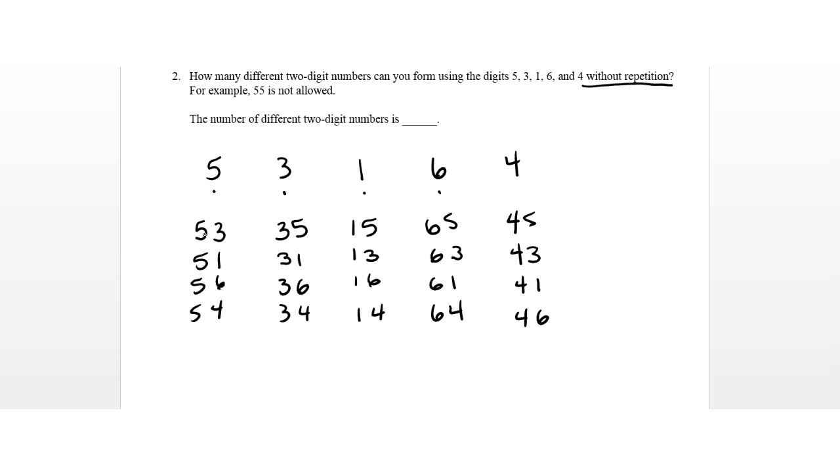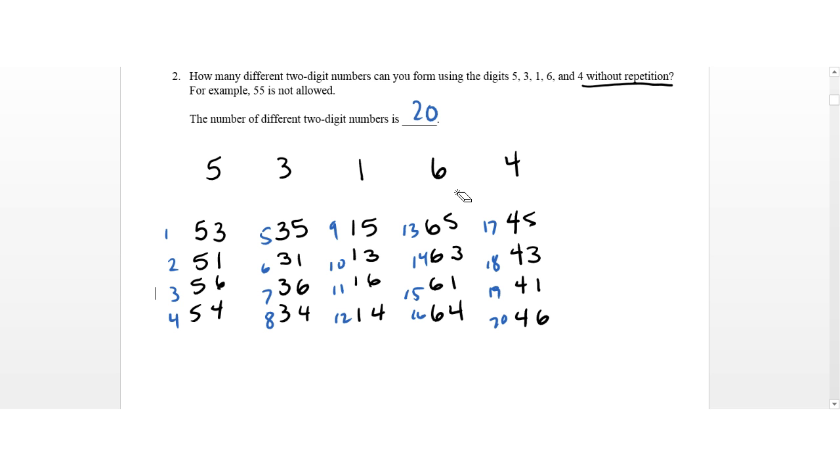So we have a total of, after labeling each different two-digit number, 20 different two-digit numbers that can be created using the digits 5, 3, 1, 6, and 4.